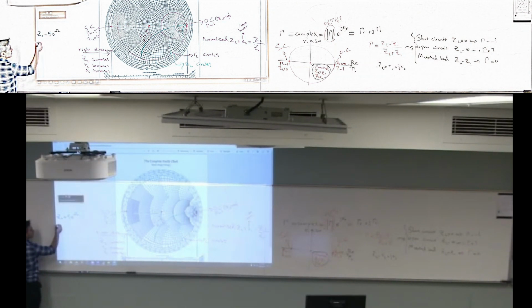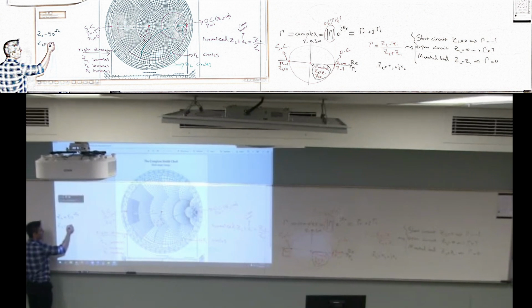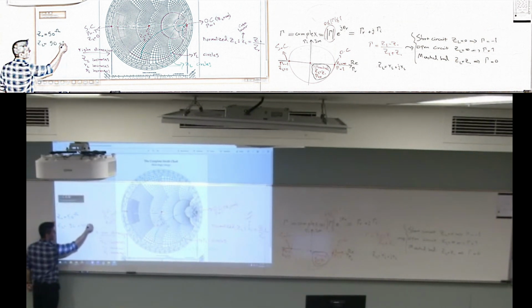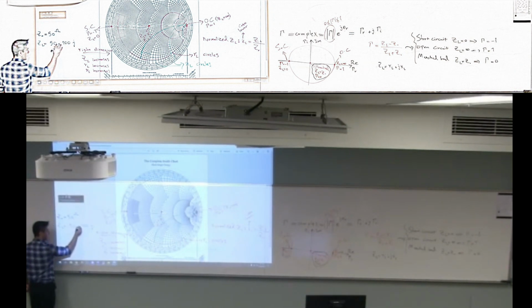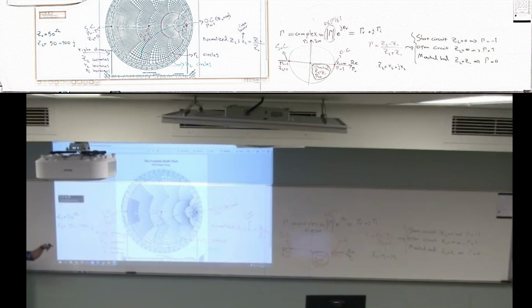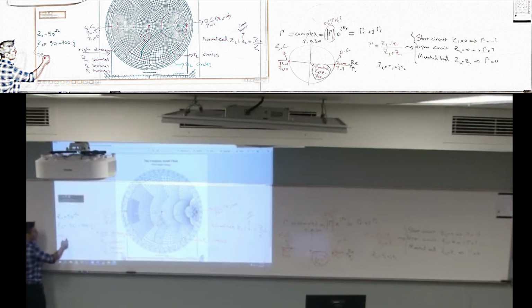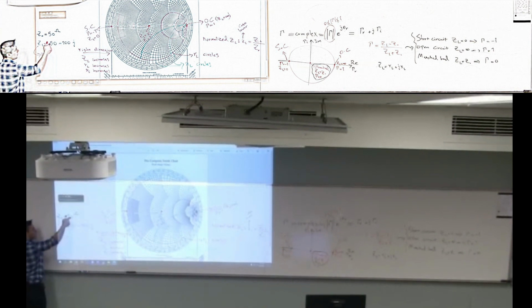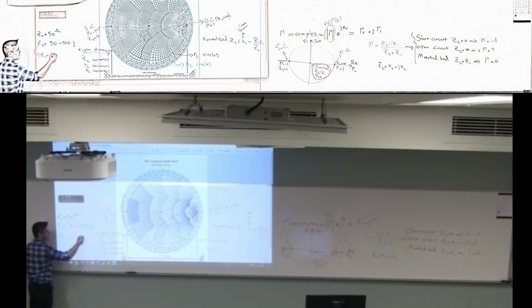Now, if the question tells me your characteristic impedance Z0 is 50 ohm, and your load is equal to, let's say, 50 minus 100j. This is not normalized yet. First, you will have to normalize it and then work with that circle. Normalizing, ZL normalized is going to be equal to 1 minus 2j.